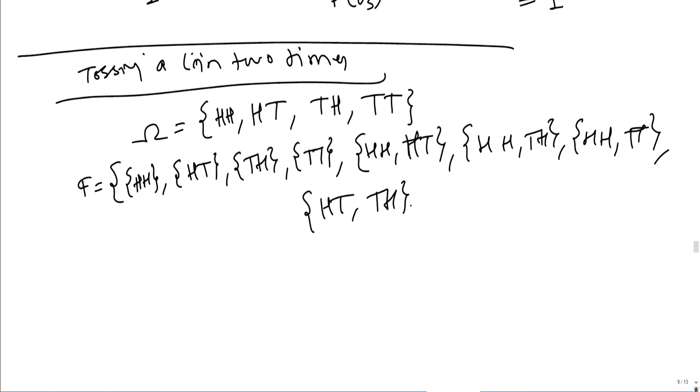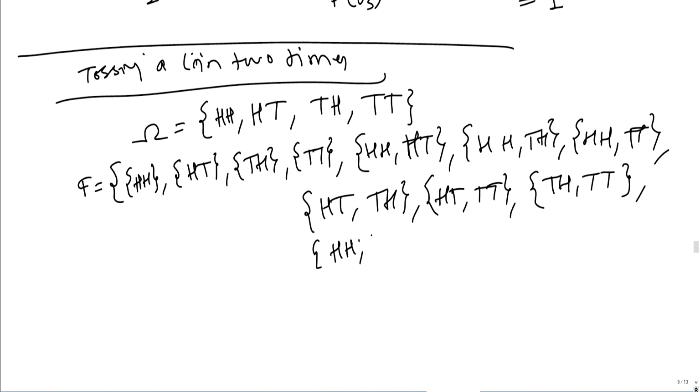HT, TH, HT, TT, right? Then what else? HT, TT, then TH, TT, right? And then you can have combinations of 3 pairs, right? So for example, HH, HT, TH, right, and so on. So you will have many possible events. Now, so this is your event space, okay?